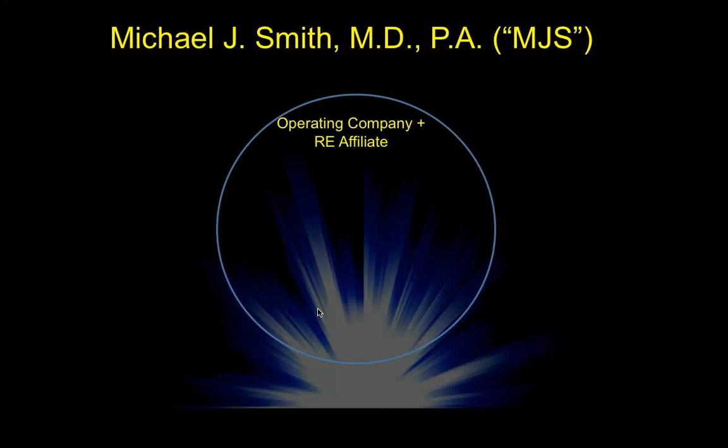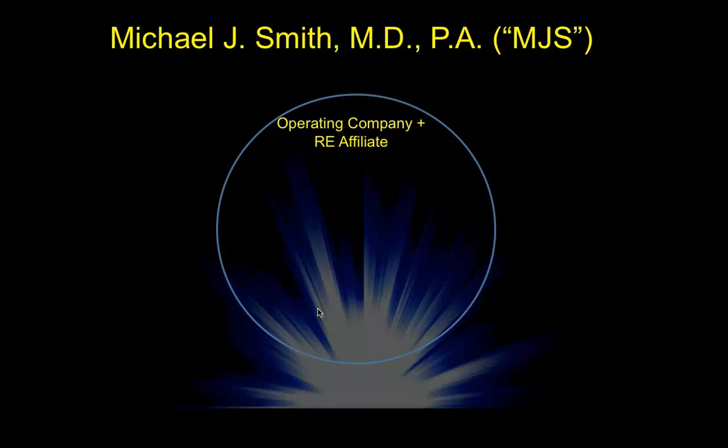Looking at our next slide, what we have is an example, and I'm using a doctor's practice here, the Michael J. Smith, MD, Professional Association. We start with an operating company, and that operating company must have certain characteristics. First of all, it has an entity that is affiliated with it.